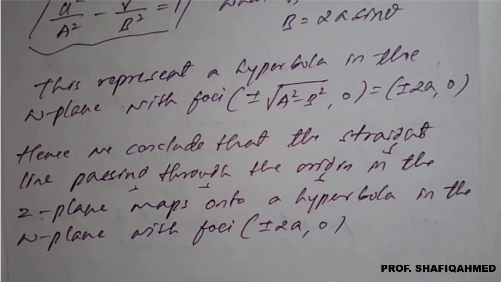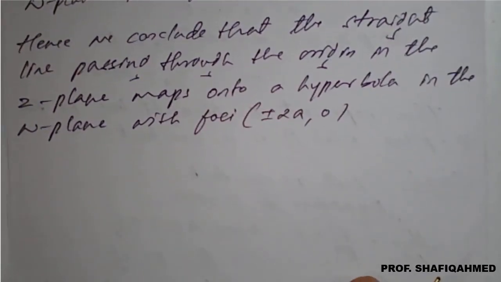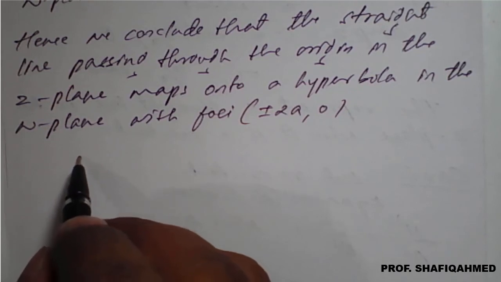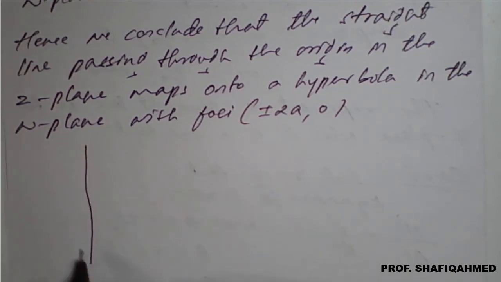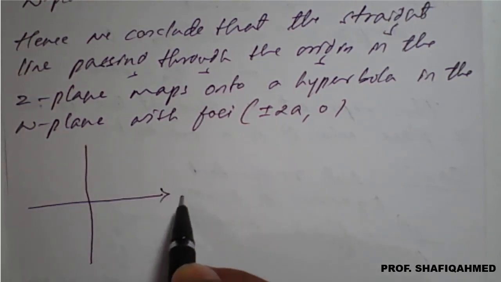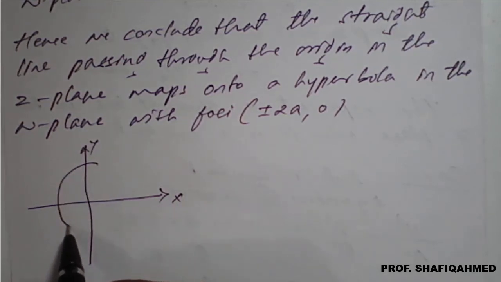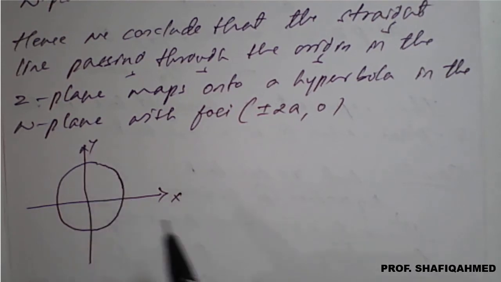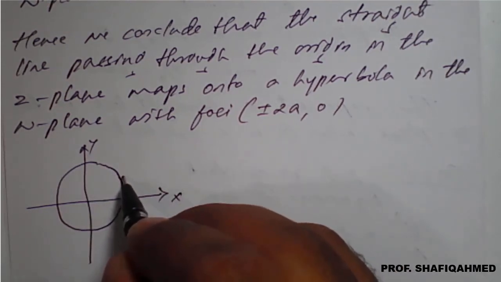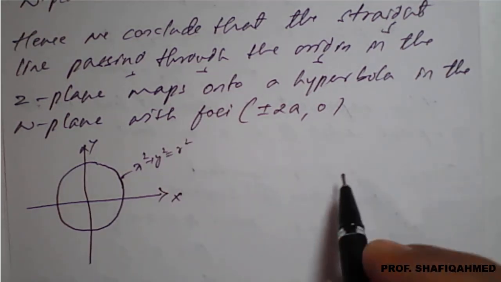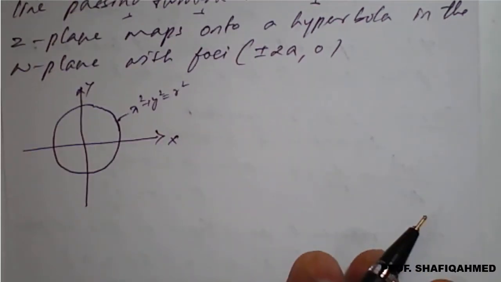So just I will take a rough diagram for this. X and y axis. The circle, what we got, is a circle which we have taken as x square plus y square is equal to r square. This is the z plane.